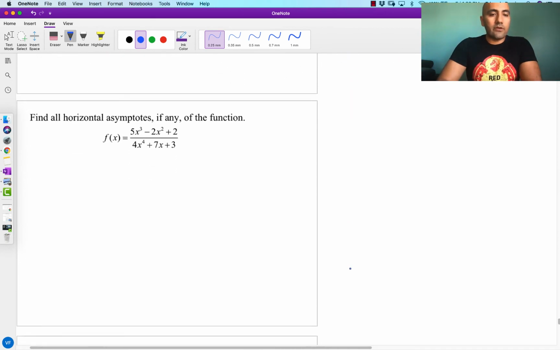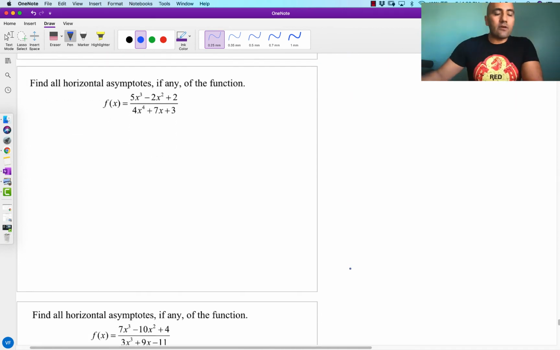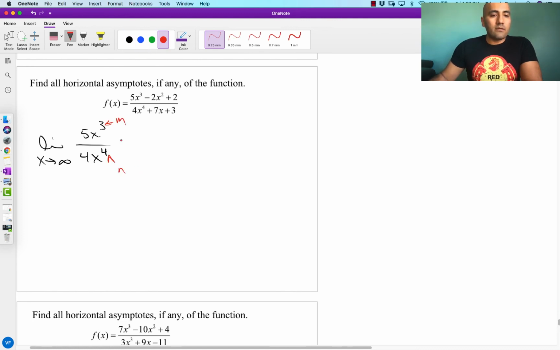Okay, let's look at this other case. Now we have a different equation. To examine what happens, let's say the limit as x approaches infinity, and again we just take the leading terms into consideration. This is a case where the m is smaller than the n, so this will reduce.